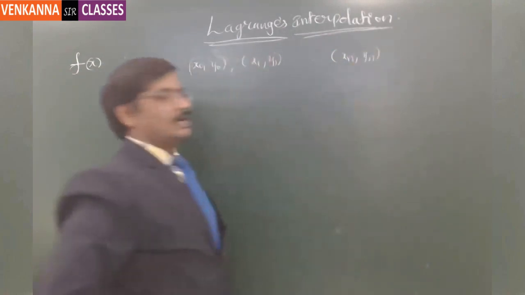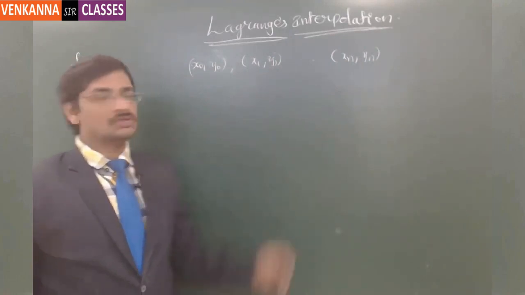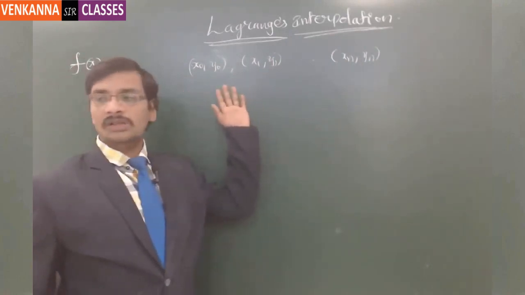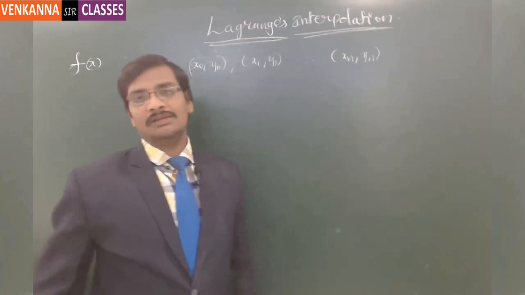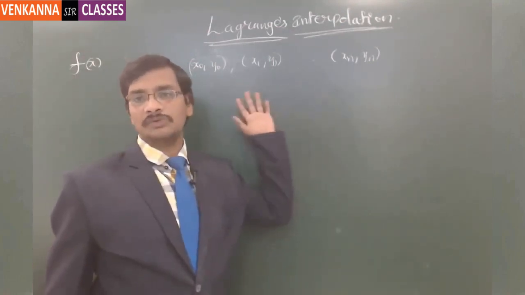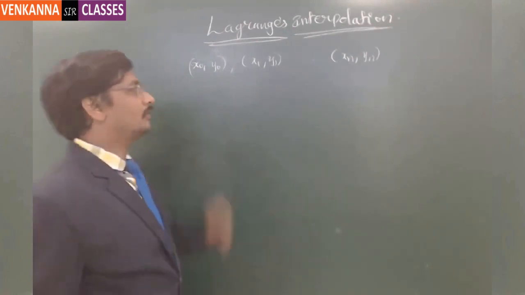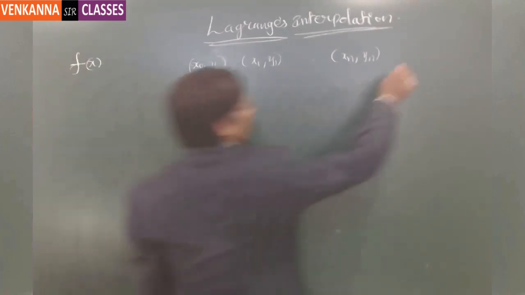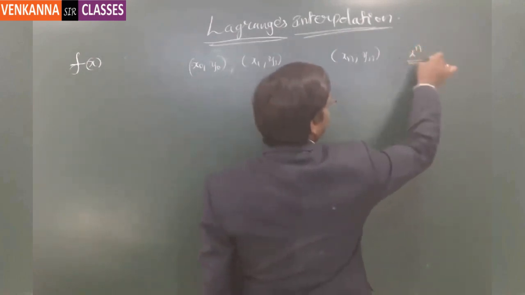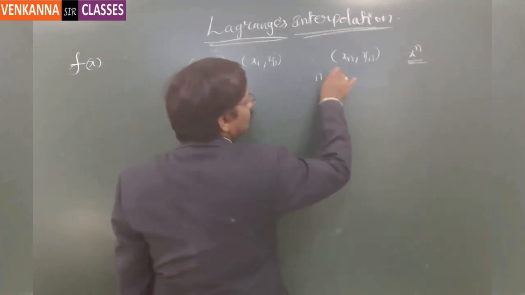Suppose these are the data points available, which may not be equally spaced. Then by converting all these data points into a single equation, we can construct a polynomial out of them, and the order of the polynomial has to be x power n. This is the order of the polynomial provided you have n plus 1 data points.